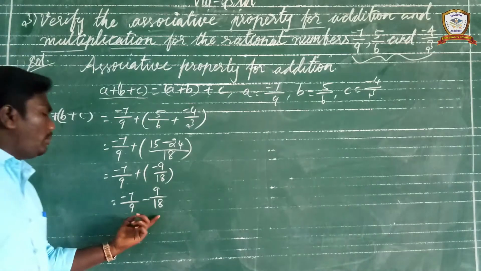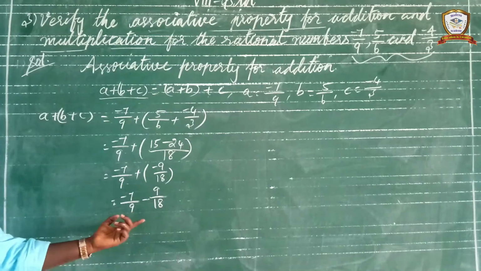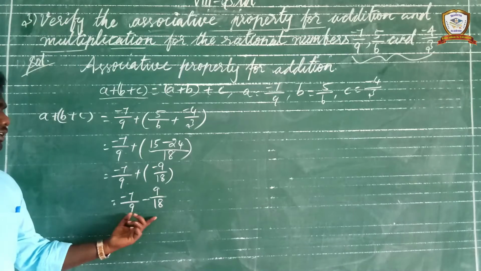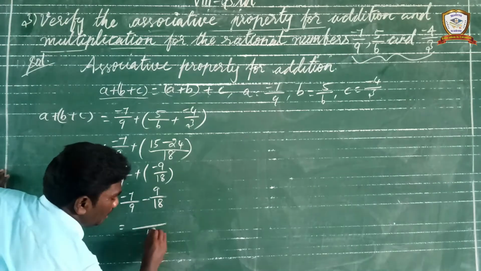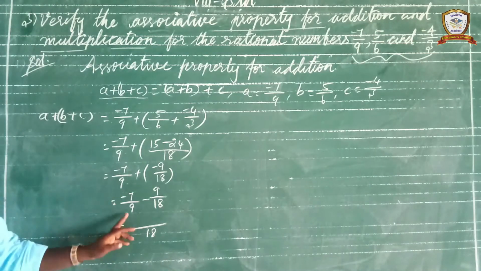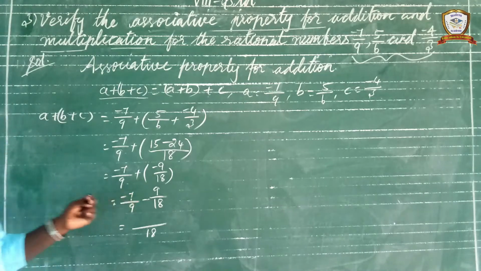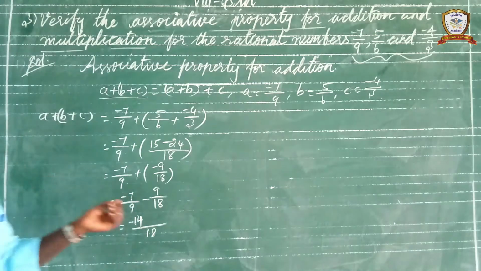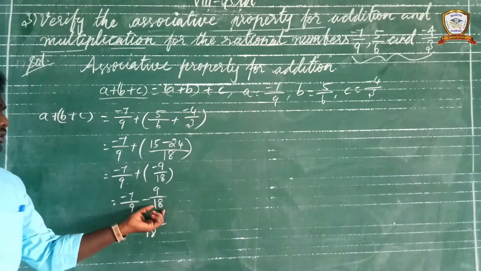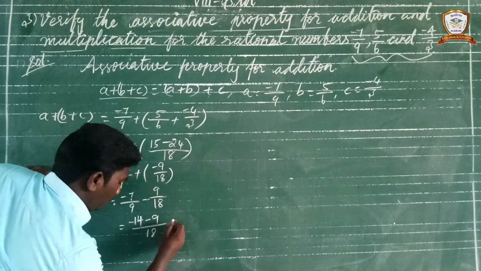The next, minus 7 divided by 9 plus minus 9 divided by 18. Here the denominators are different, so we take LCM or cross multiplication. Here we take LCM, 18. Now 9 table 18, how many times? 2 times. So multiply the numerator: 7 2s are 14, plus into minus, minus 14. The next one, the denominator 18 is already there, so the numerator is taken as plus into minus 9.